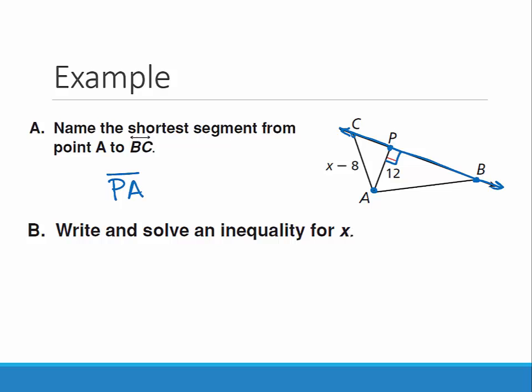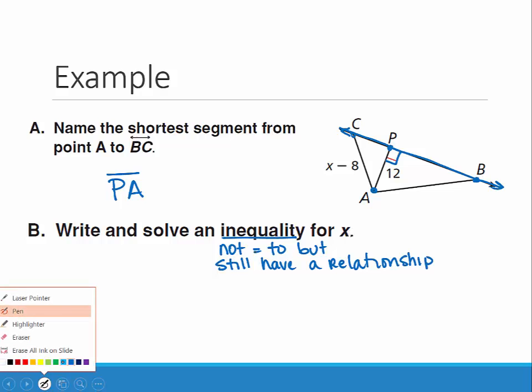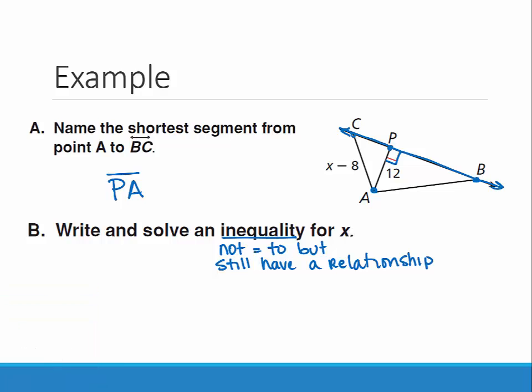And then it says to write and solve an inequality for x. Remember, inequalities mean not equal to, but still have a relationship. So if we look at the two values that we have, this line over here, I know the value, it's x minus 8, and this line right here, I know it's 12.